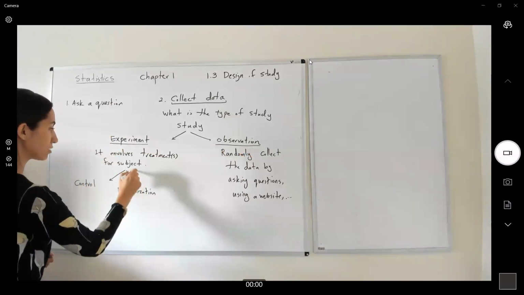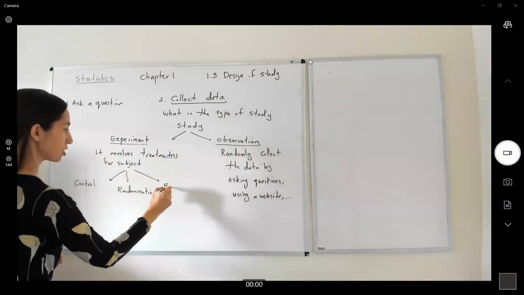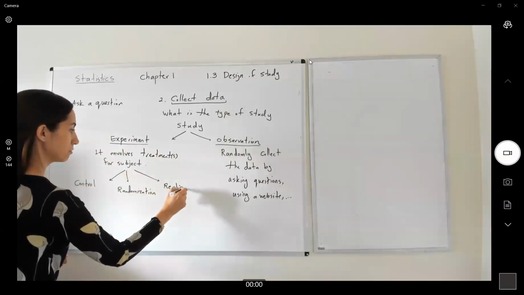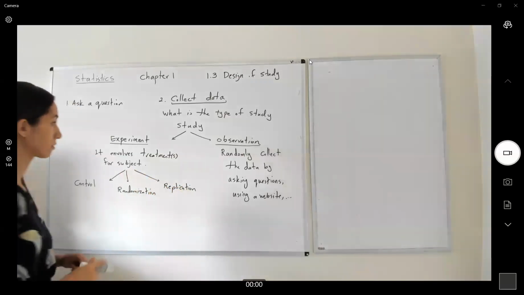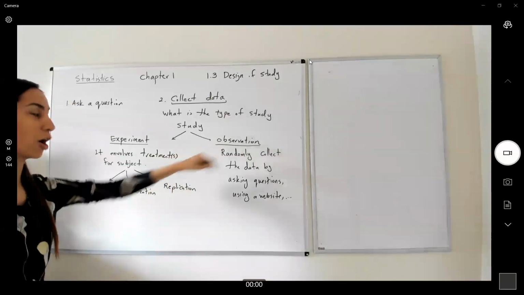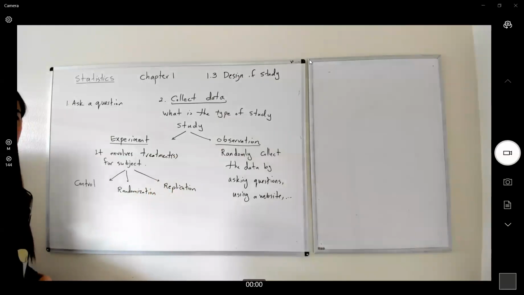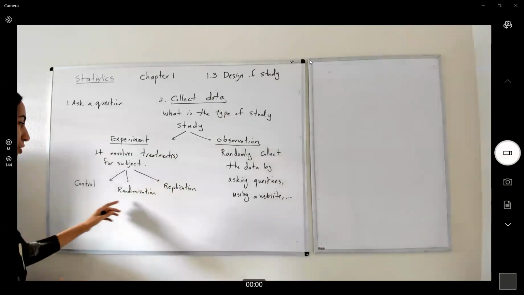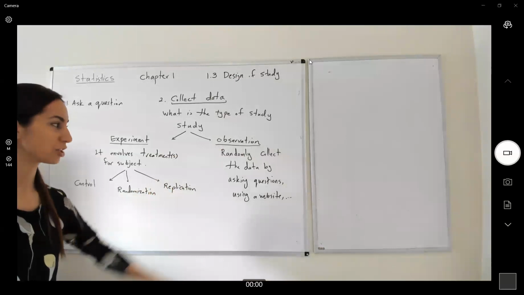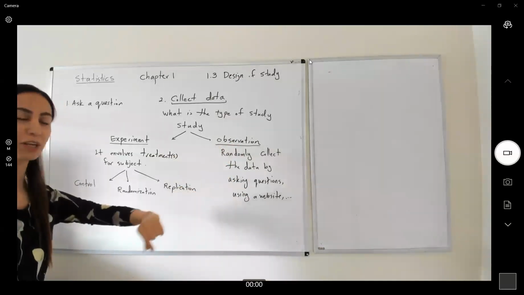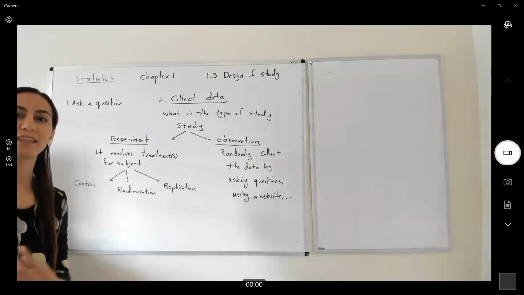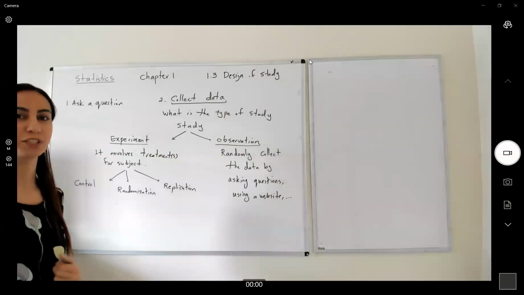And the last factor is replication. Again, for observational study, you don't have to worry about control, randomization, or replication. The only thing you need to worry about is to collect the data randomly to avoid bias.